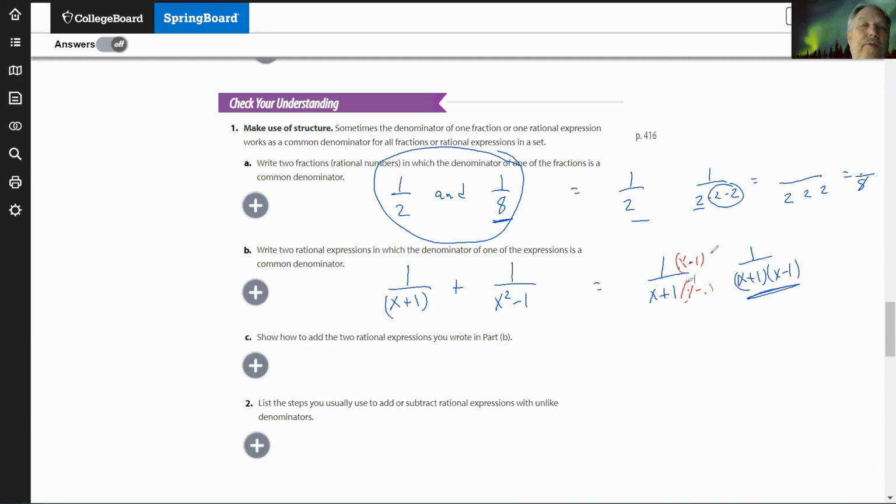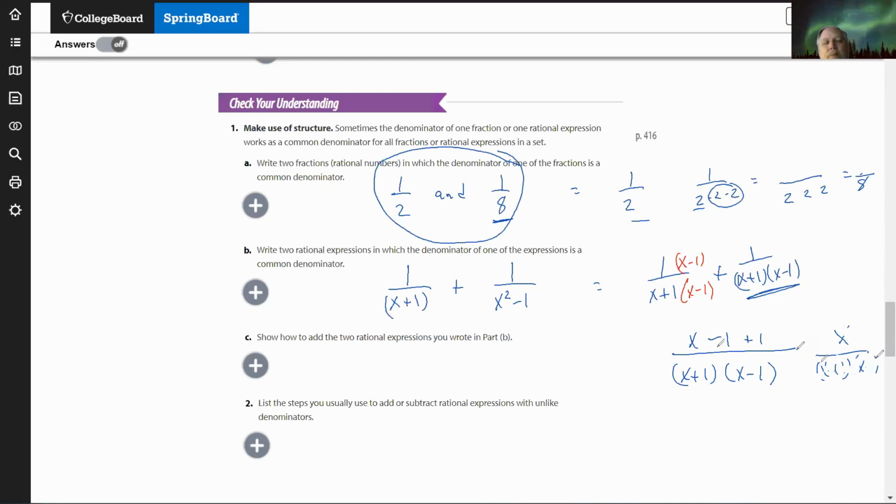In order to add these, we just write the common denominator down. So it's going to be x plus 1, x minus 1. And then we'll use the distributive property. So 1 times x is x. 1 times negative 1 is negative 1, plus 1. When we add across, x minus 1 plus 1 is just x, over x plus 1, x minus 1.